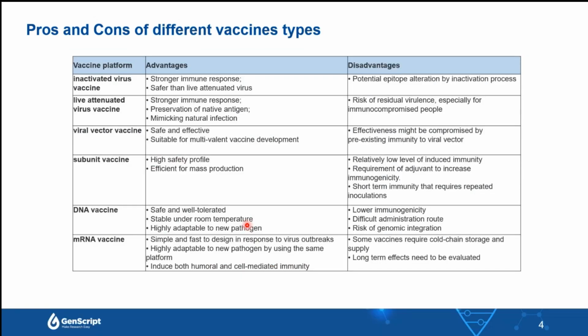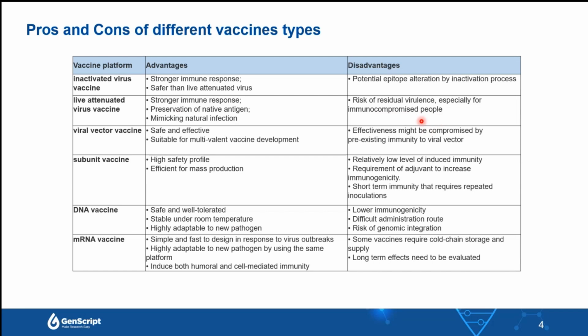And the next part, we are going to look at the pros and cons of different vaccine types. For the virus-based vaccines, generally speaking, the advantage is it's going to have the stronger immune response. But the disadvantage is, for example, the live attenuated virus vaccine still has the risk of residual virulence.